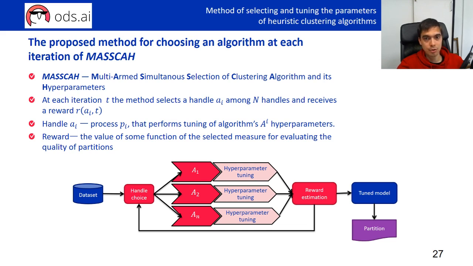At the end of the iteration, the agent receives a reward or some gain, which is the value of some function from a selected measure for evaluating the quality of partitions. So the scheme of this method is illustrated at the bottom of the slide.